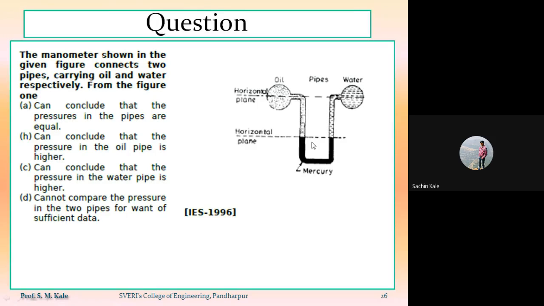So the question is, the manometer shown in the given figure connects two pipes carrying oil and water respectively.